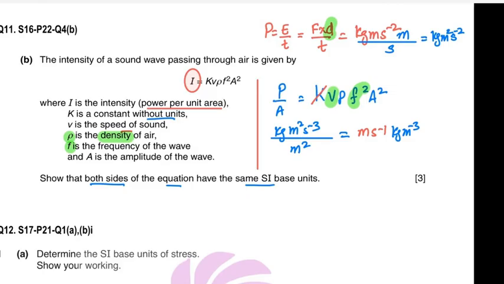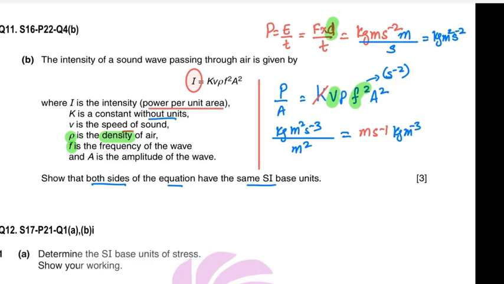It's s power minus 1 and it's squared, so it will become s power minus 2, right? Yes, s power minus 2. And then A is, sorry, not area, it's amplitude. Amplitude is length and it's in meters. So it's meter squared, right?